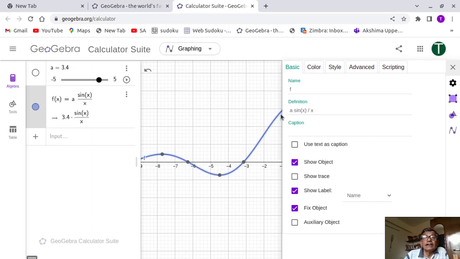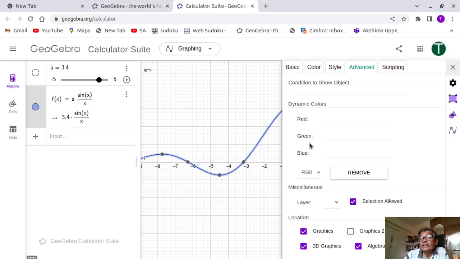So the color I will make changing as the value of a changes. I'll go to advanced, go to HSL, and this hue is the main color, and it depends on a, so I choose this function just like that, absolute value of a divided by 5, since 5 is the maximum value.